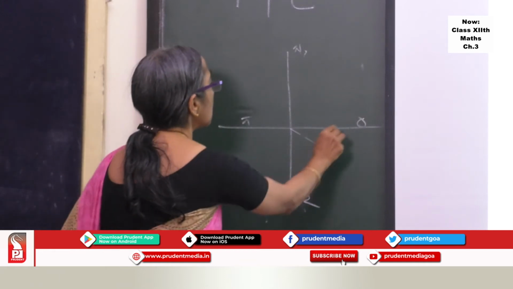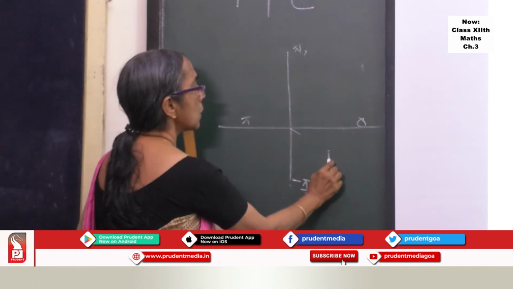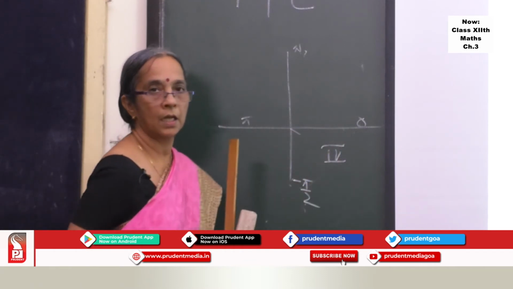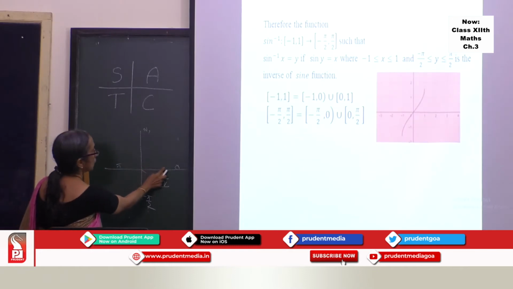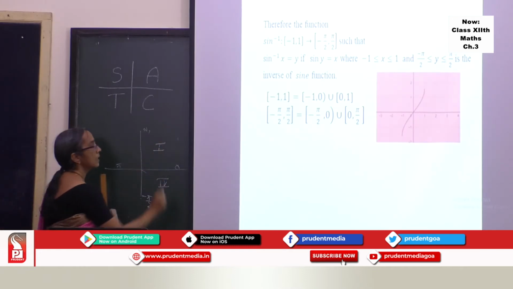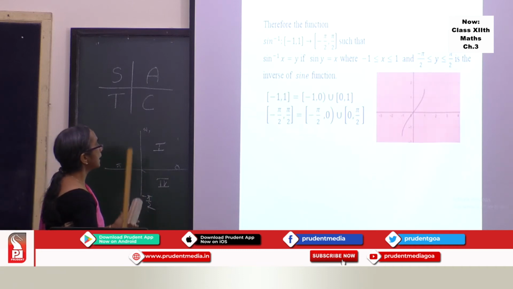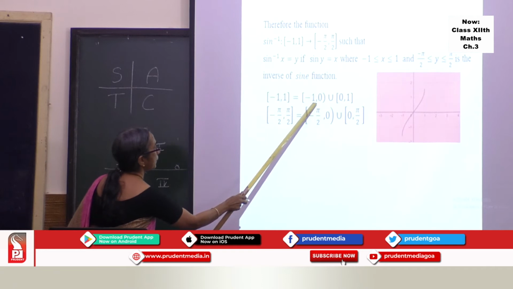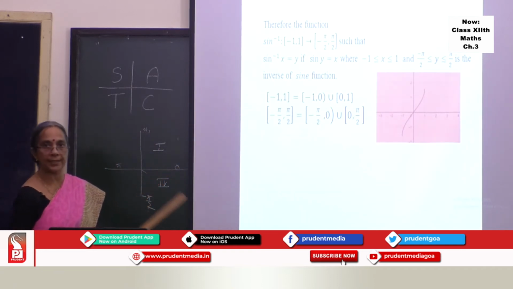So, 0 to negative pi by 2 or negative pi by 2 to 0 is also the fourth quadrant, and 0 to pi by 2 is the first quadrant. Therefore, sine inverse of a negative value is an angle in the fourth quadrant.